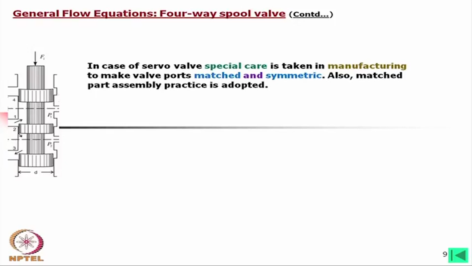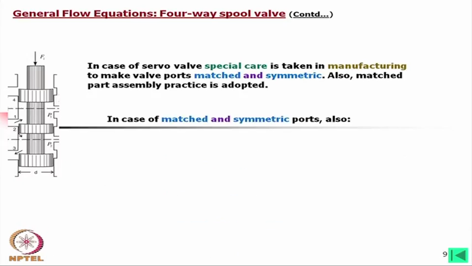So, this has to be very accurate. In case of proportional valves, you can control externally, but in case of servo valve it is not possible. So, the matched part assembly is most important there. This is for your information, but in reality ideally we need matched and symmetric ports.